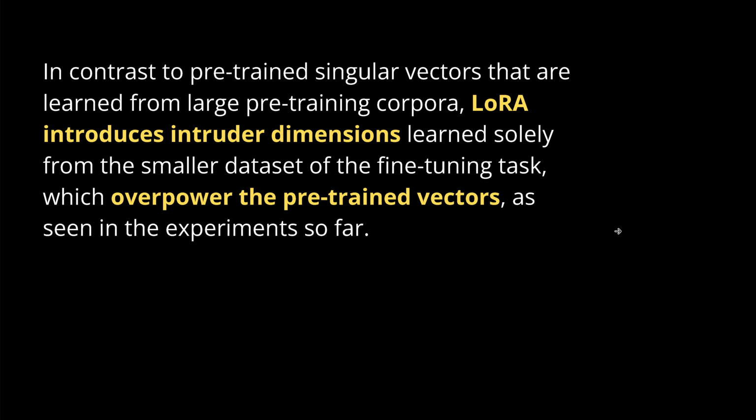We expected this, no? Because we do the fine-tuning for a specific task. And this specific task should be successfully executed. Therefore, if the pre-trained corpora did not include this particular fine-tuned task, of course now with the fine-tuning by LoRA, it must overpower the pre-trained vectors.